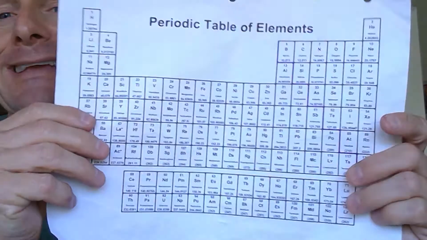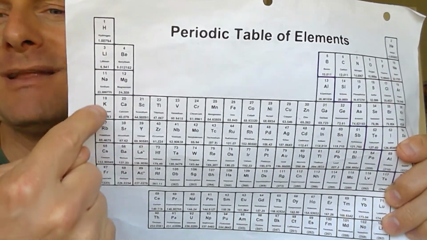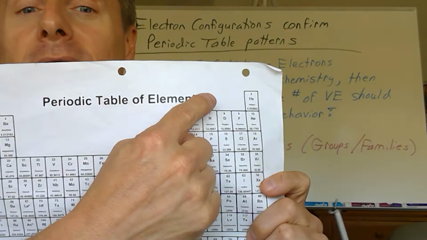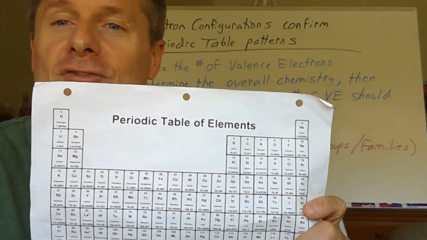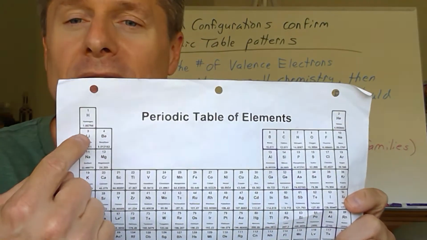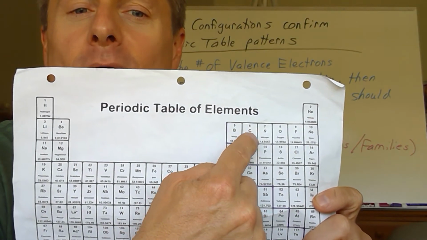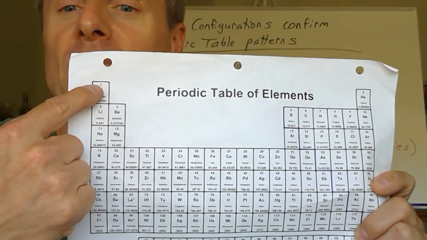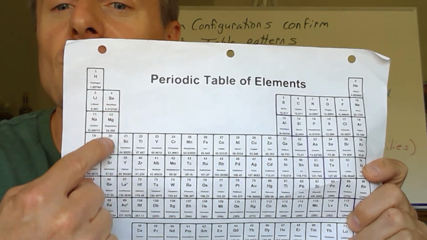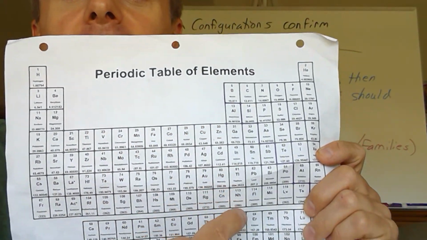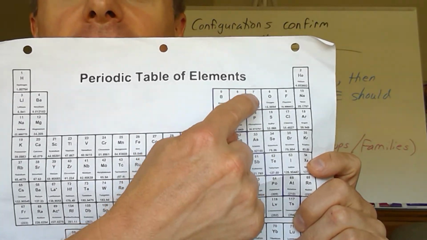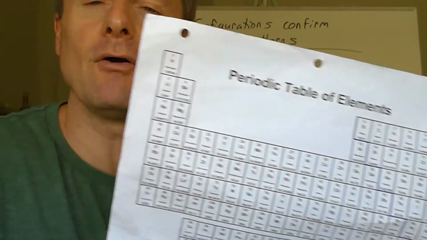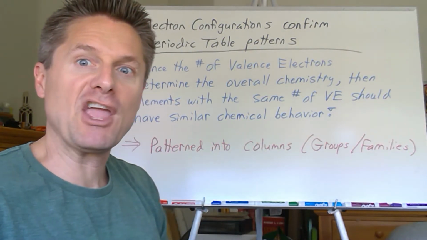So from that conclusion, all the elements in the same columns should have the same number of valence electrons. And this is why I like doing the 1A, 2A, 3A, 4A, 5A, 6A, 7A, 8A, because that's the number of valence electrons. 1 valence electron, 2 valence electrons, 3 valence electrons, 4, 5 valence electrons, 6. All the halogens have 7 valence electrons, and all the noble gases have 8. It's a thing of beauty.